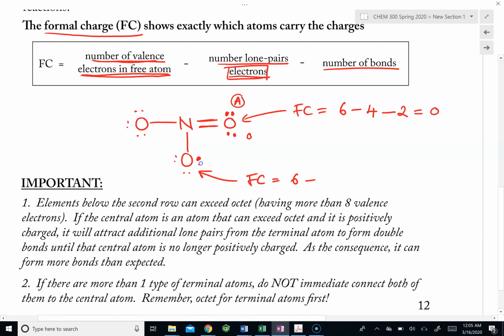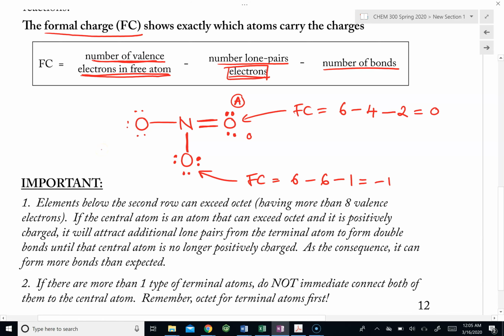This oxygen has 3 lone pairs, which add together to 6 lone pair electrons. So minus 6, and now in this structure, this oxygen has 1 bond. So therefore it will be minus 1, and thus this equals negative 1. So the formal charge of this oxygen is negative 1.